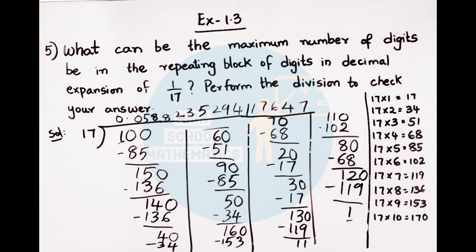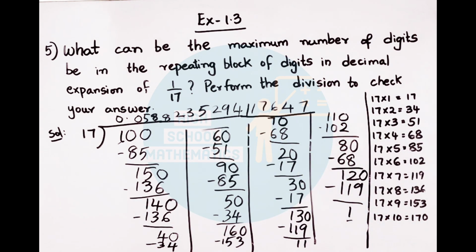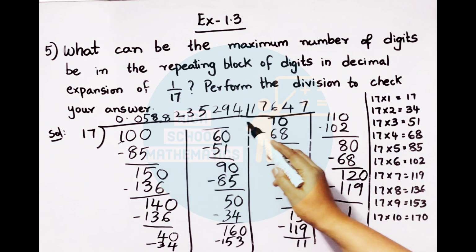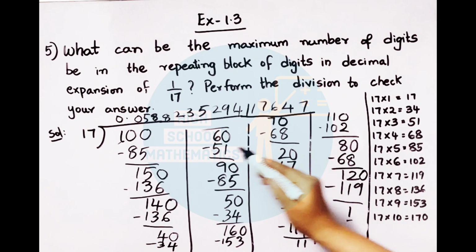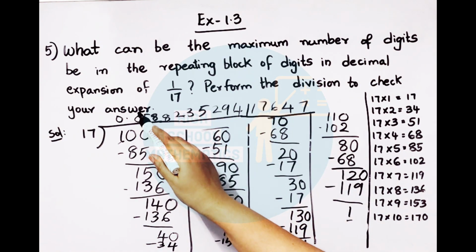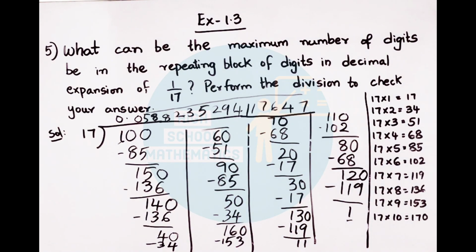Therefore, there are 16 digits in the repeating block of the decimal expansion of 1 by 17. So the final answer is 0.058823529411767 with a bar over it, because all these values are going to repeat again.